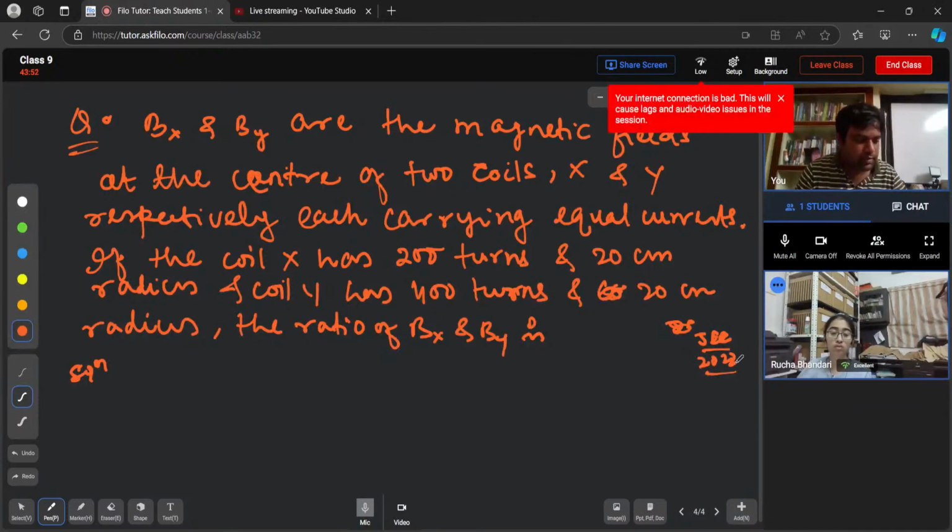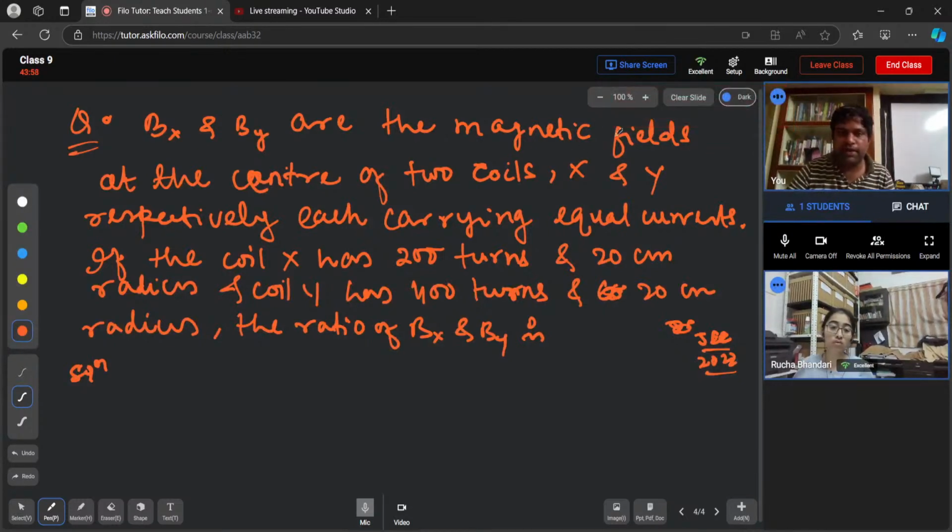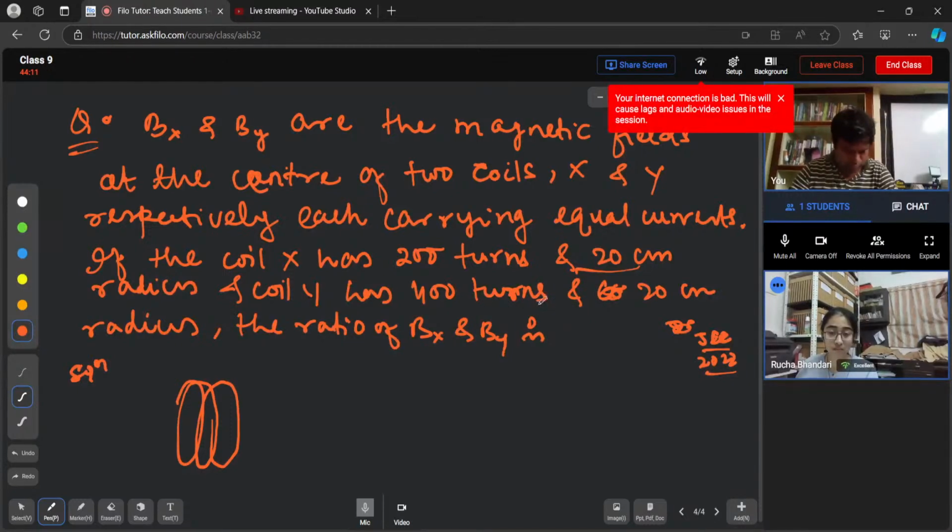Here, Bx and By are the magnetic fields at the center of the coils. So there are two coils, both of 20 centimeter radius.